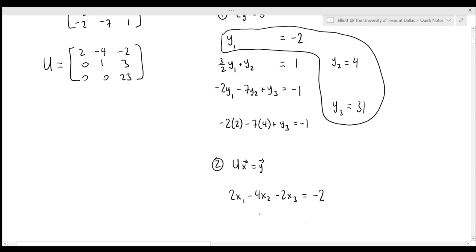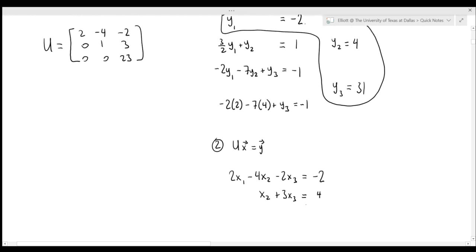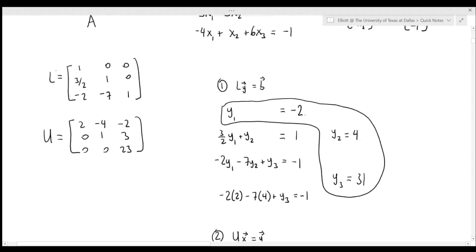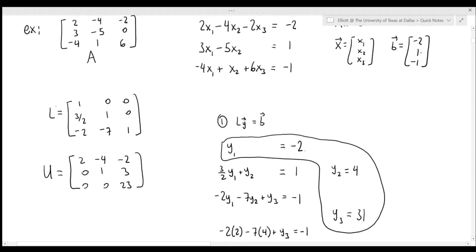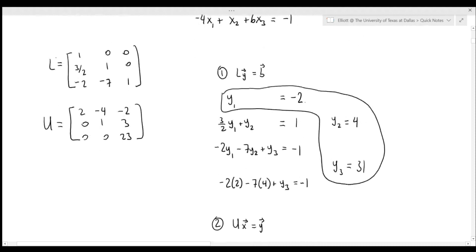The second row of U gives us 1x2 + 3x3, which should equal y2, which is 4. The last row gives us 23x3 = y3, which was 31.